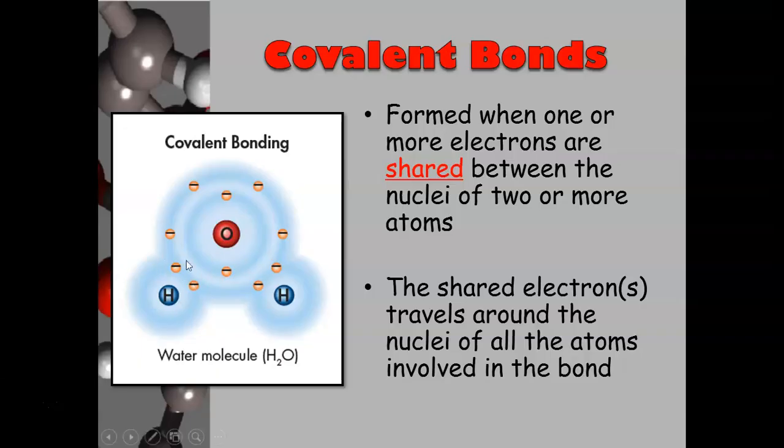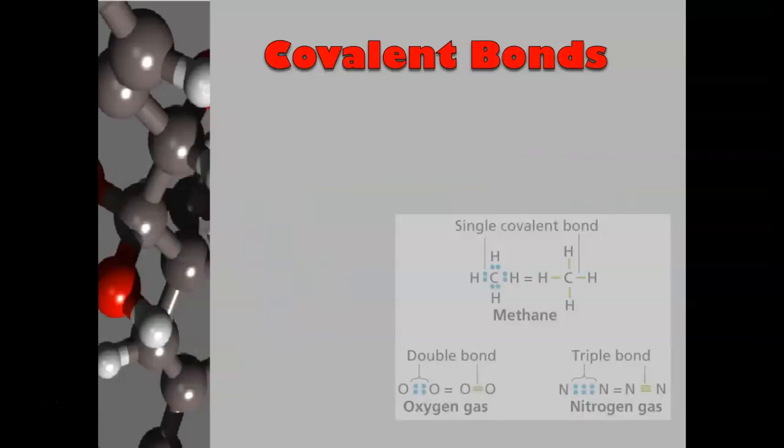These electrons are going to spend time around this nucleus, this nucleus, this nucleus, regardless of where they started originally. They travel around all of these nuclei and they're sharing those electrons equally. That's what's holding a covalent bond together: the ability for those electron clouds to essentially overlap. So there are not necessarily charges with covalent bonds.